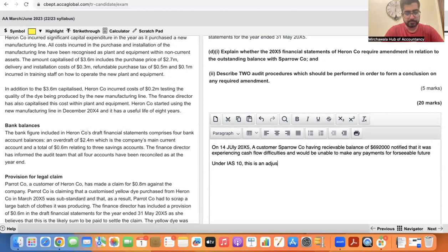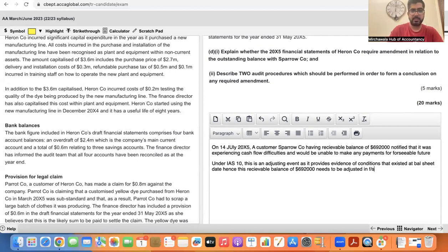So this is an adjusting event as it provides evidence of conditions that existed at the balance sheet date. Hence, this receivable balance of $692,000 needs to be adjusted in the financial statements.